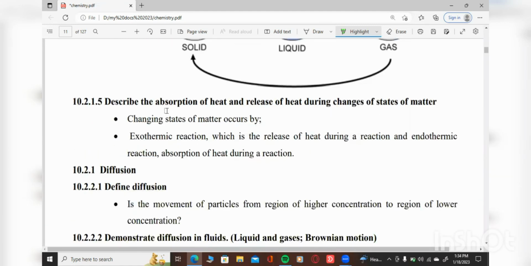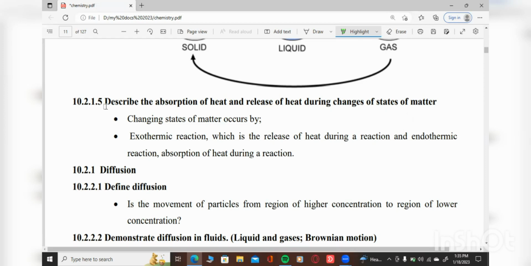Now let's go to describing the absorption of heat. Remember, the change of temperature causes some states of matter to change to the next state of matter or to the other state of matter. It is because of the temperature that is changing. Either the heat is increasing or the temperature is decreasing.